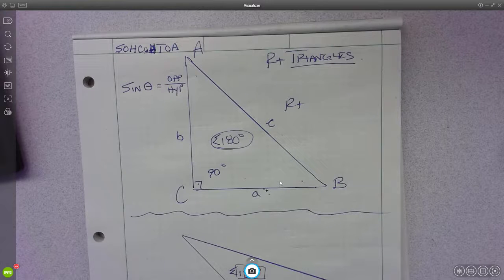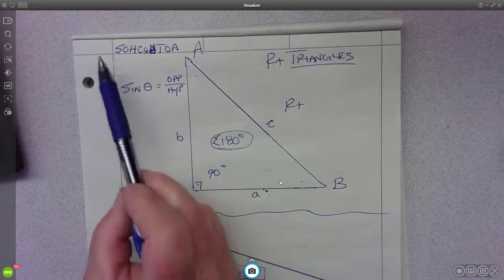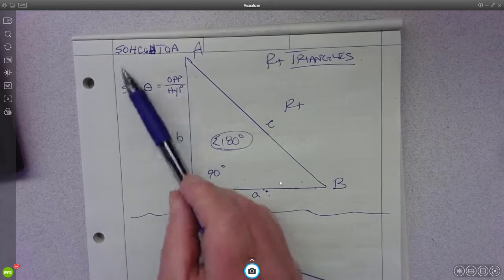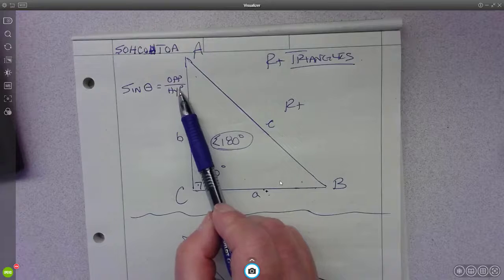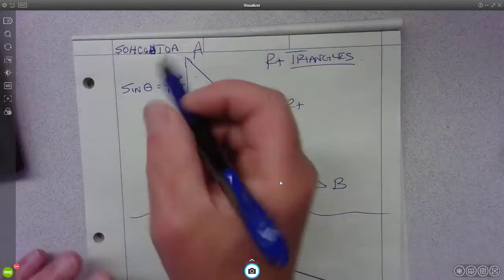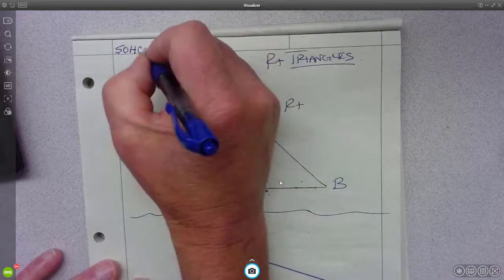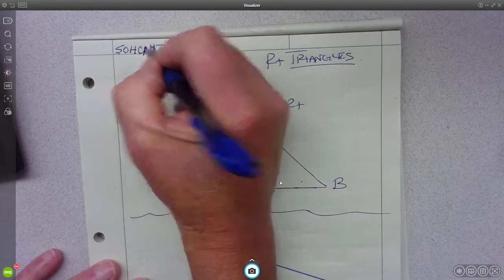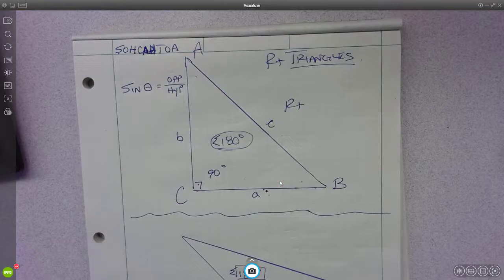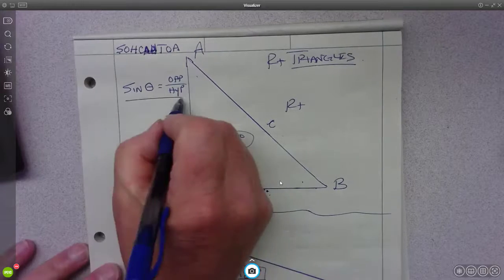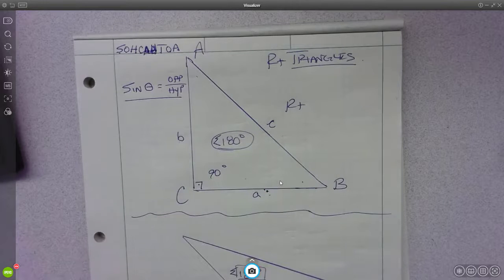I guess I memorized sine, but sine is opposite over hypotenuse. Yeah, I can't even write it, let alone remember it that way. So I don't have you memorize formulas. You'll be able to have a crib sheet on quizzes and exams, along with your book on exams. So just know where to find these relationships. But these relationships work.